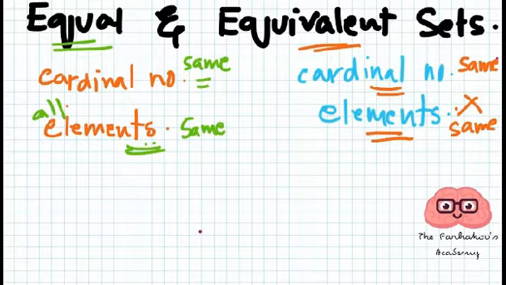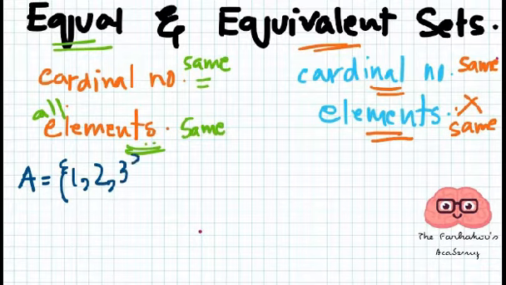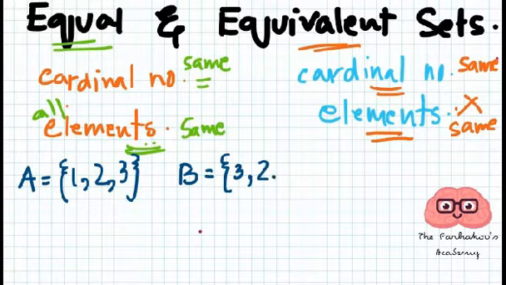Now let's consider an example. Let's suppose I have two sets. Set A is 1, 2, 3. Set B is 3, 2, 1. Now, let's first see the cardinality in both the cases.